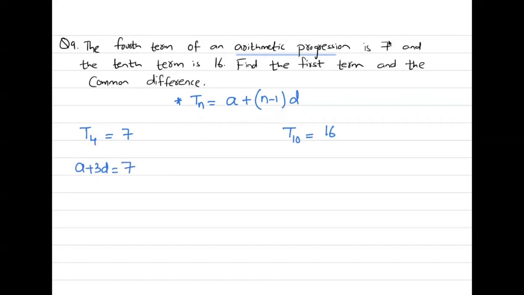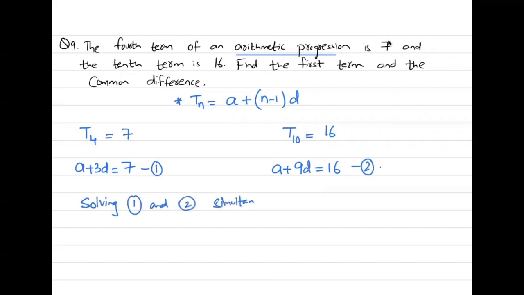What about the 10th term? A plus 9D equals 16. Now you need to calculate the value of the first term and the common difference, which are A and D. You have two equations, and you're going to solve them simultaneously. So guys, give me the value of A and D.